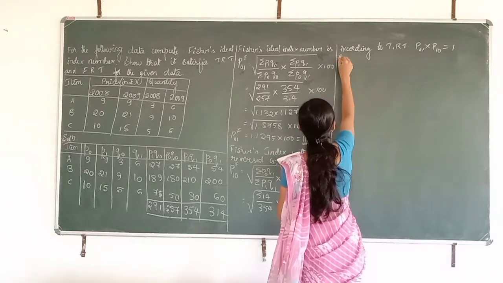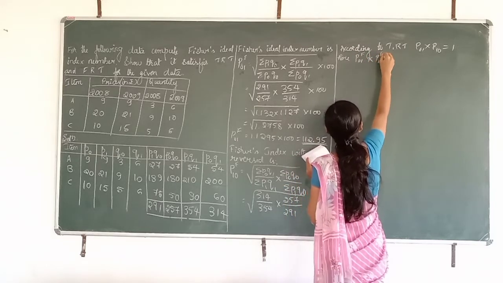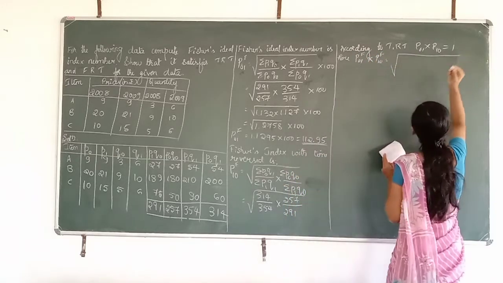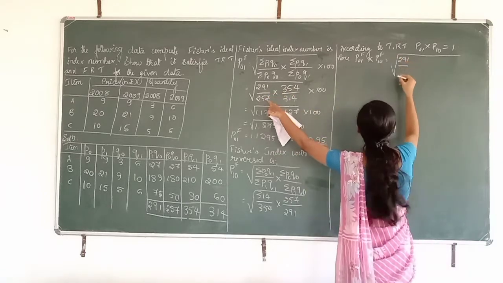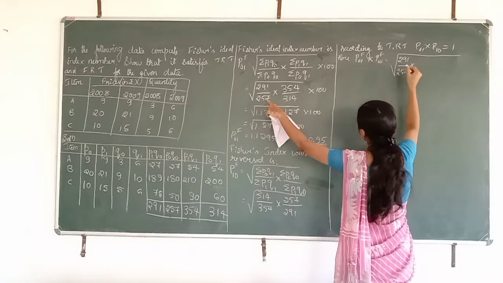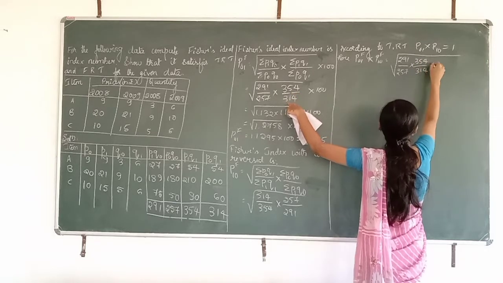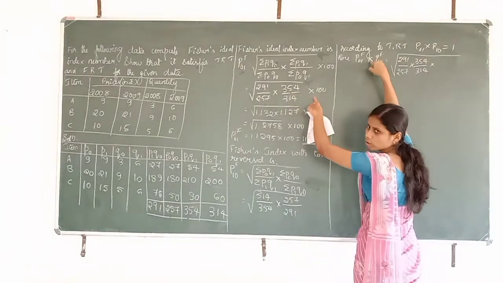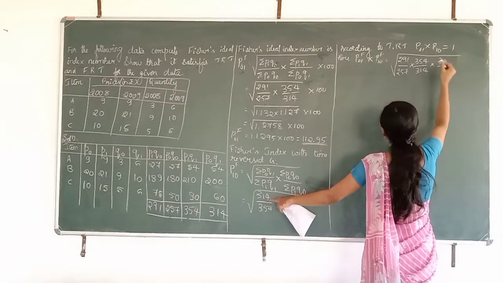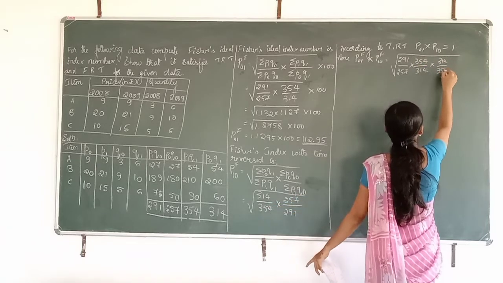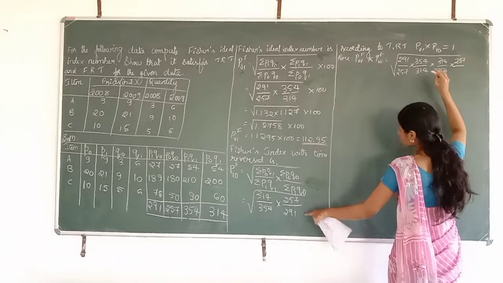So here P01 of F into P10 of F is equal to square root of, P01 of F is 291 divided by 257 into 354 divided by 314, into the middle into. Now we are not going to multiply it with 100. Next P10 value is 314 divided by 354 into 257 divided by 291.